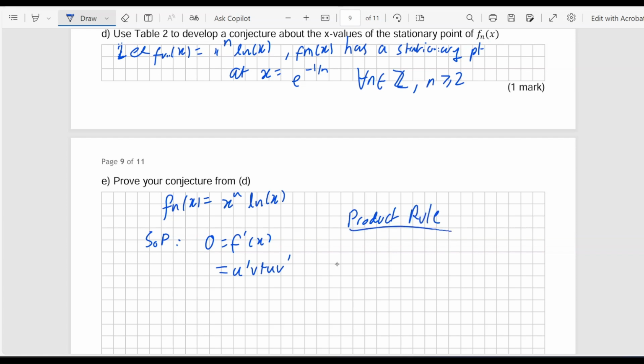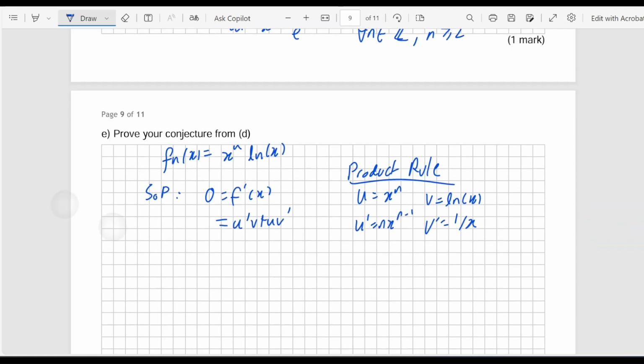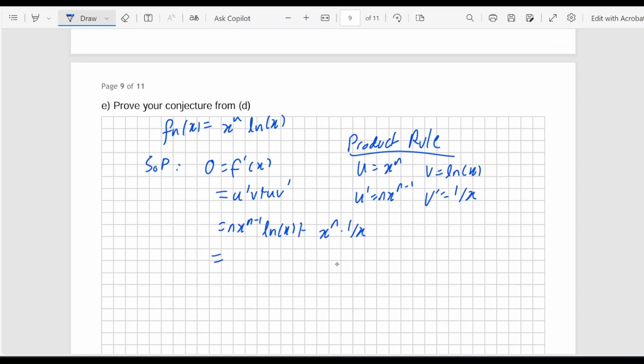So product rule, we've got u is going to be x to the n, and v is log of x. V dash then can be 1 over x, and u dash can be nx to the n minus 1. So we've got nx to the n minus 1 log of x plus x to the n times 1 over x. So if we deal with all that, nx to the n minus 1 log of x plus x to the n minus 1.